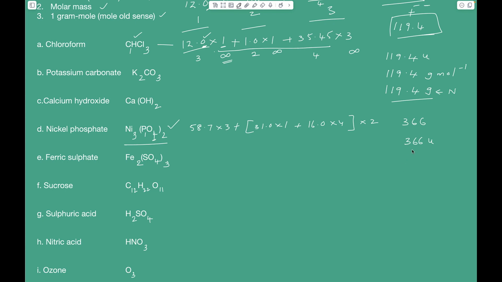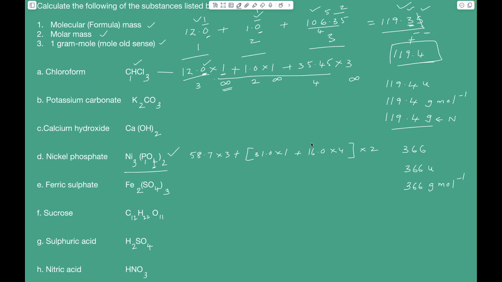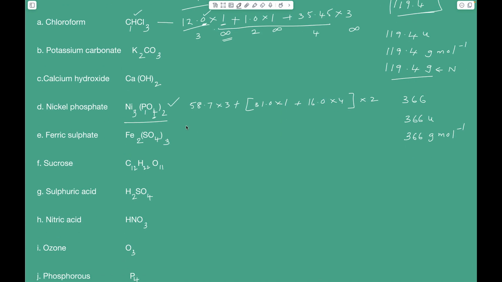Therefore, the molar mass of nickel phosphate would be its formula weight expressed in grams per mole. Then what would be 1 gram formula weight of nickel phosphate? Simple, again its formula weight expressed in grams.